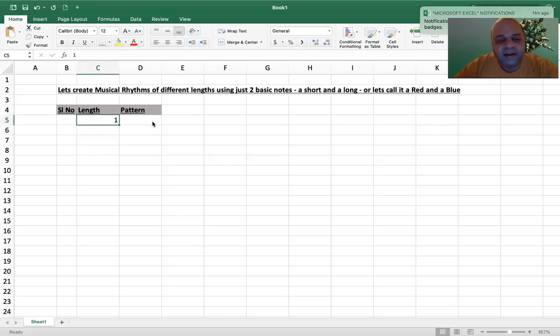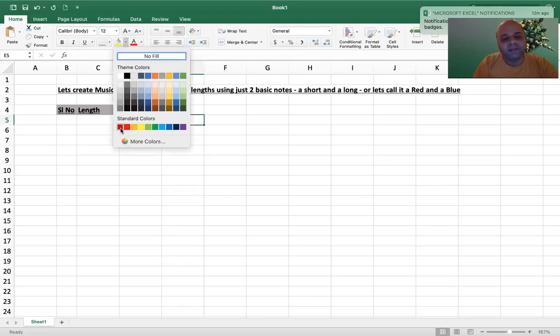How many patterns can I have? Basically two. We'll list them here with color.